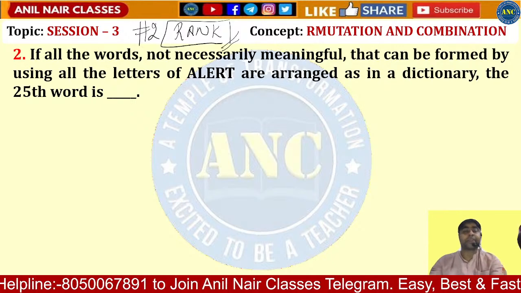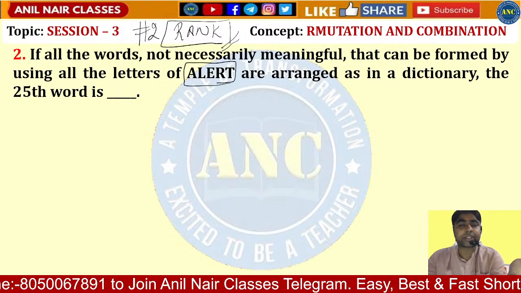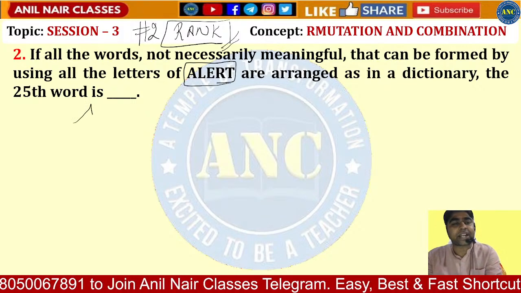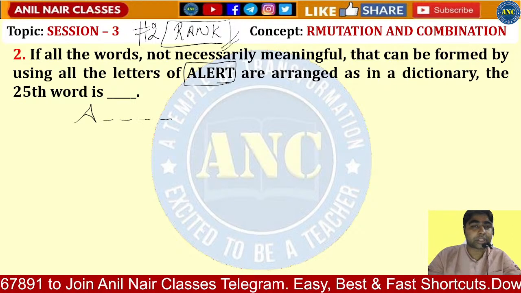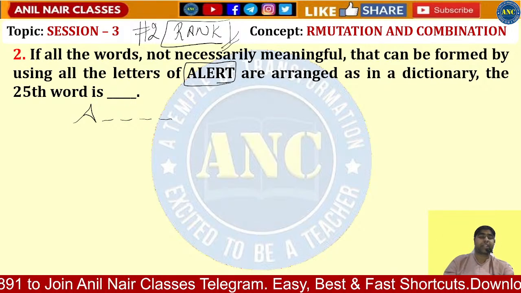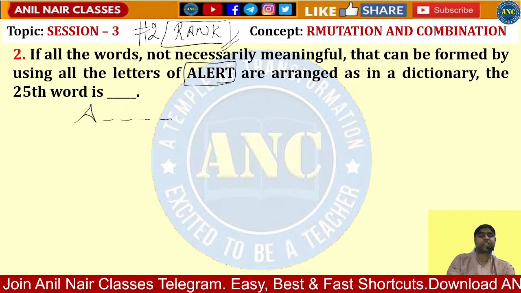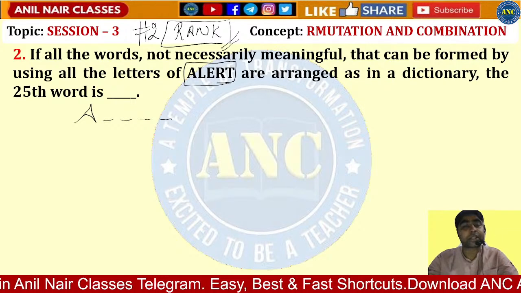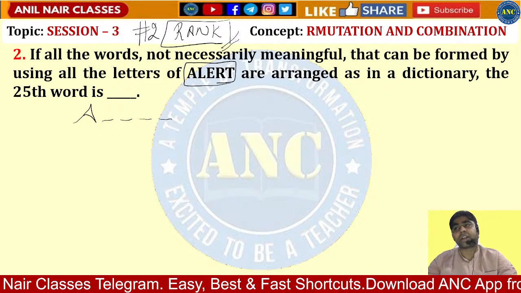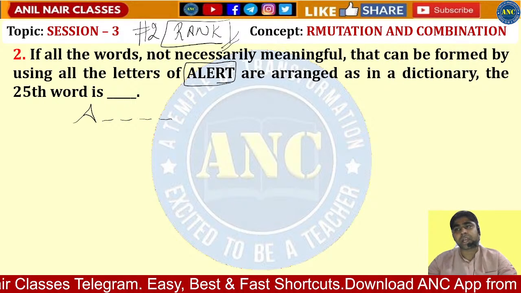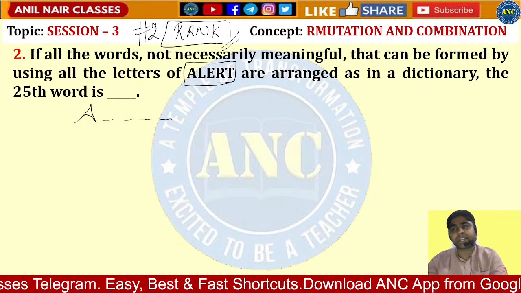In this question, if I make all the words using these letters, all the words would be starting with an A. The first words would be starting with an A. Now after A, in alphabetical order, what would be coming? Obviously E would be coming.